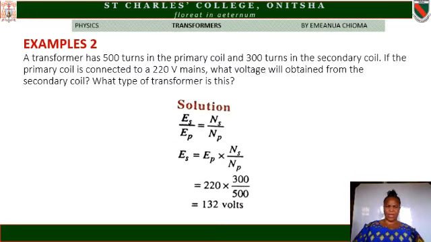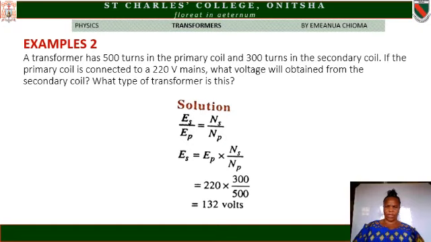Example 2. A transformer has 500 turns in the primary coil and 300 turns in the secondary coil. If the primary coil is connected to a 220V mains, what voltage will be obtained from the secondary coil? What type of transformer is this?